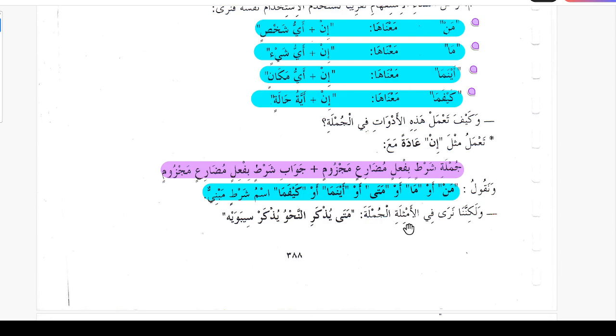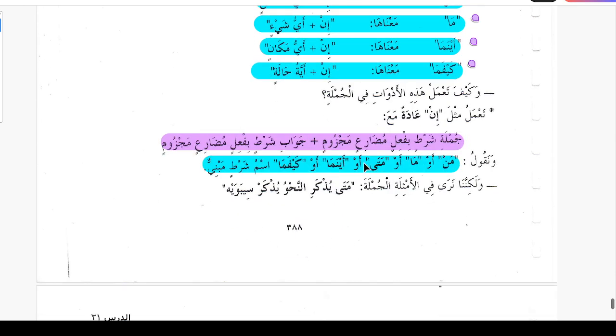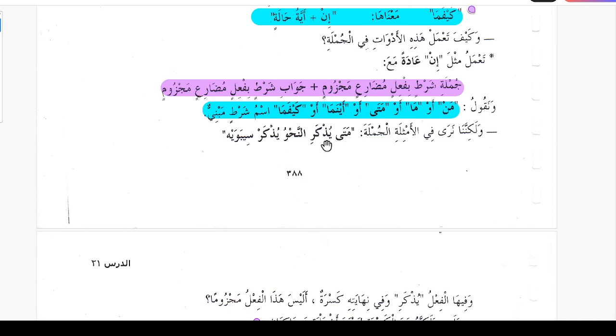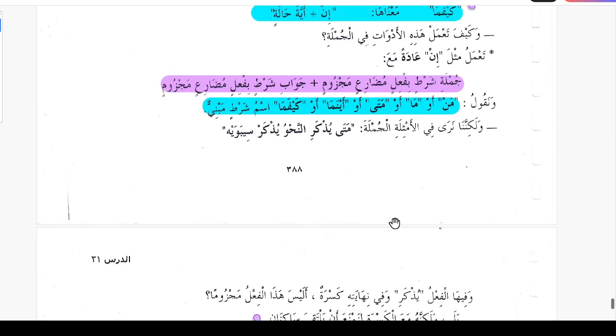But in the sentence mata yuskari nahwu yuskar sibawaihi, we are saying here the fi'l mudari' should be majzoom. But now here is the question: when we say mata yuskari, this yuskari is not majzoom, there is a kasra at the end.